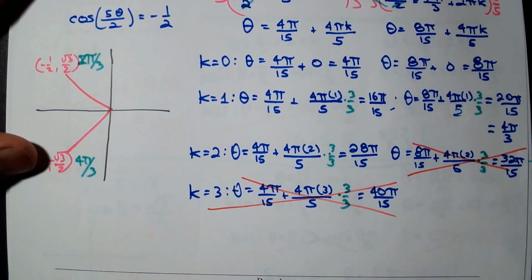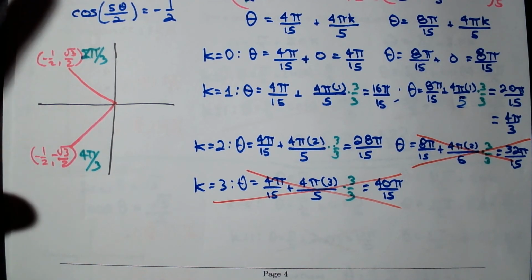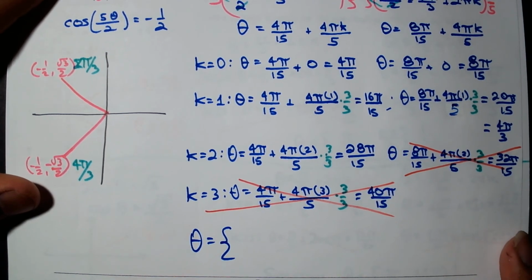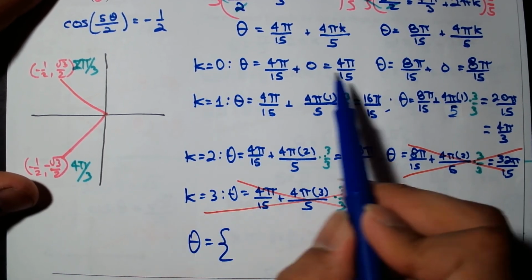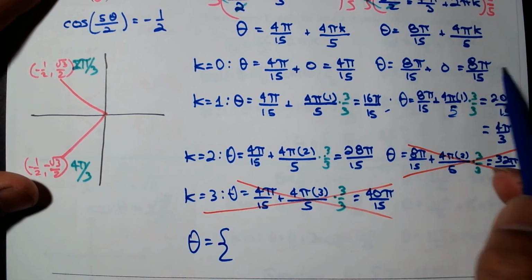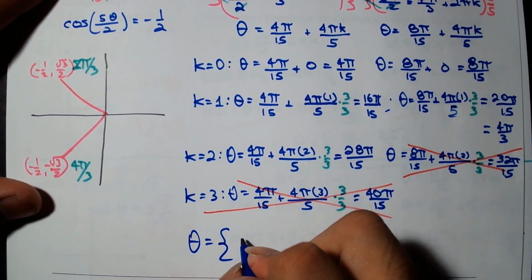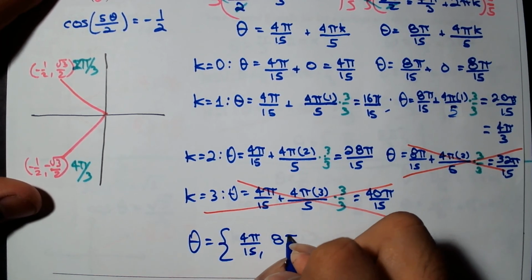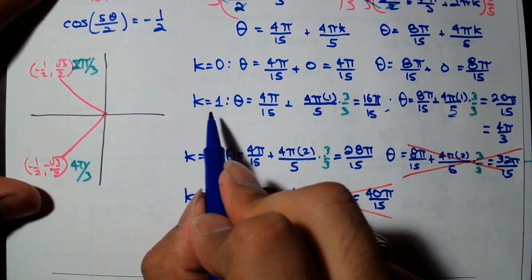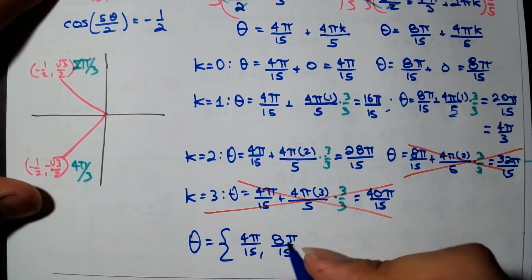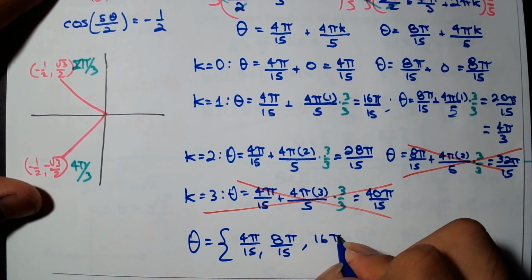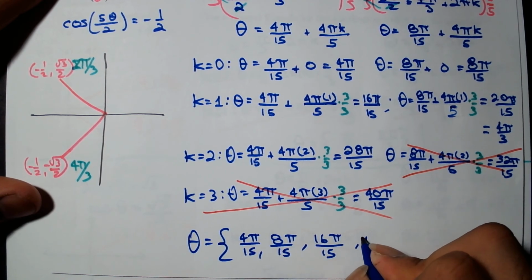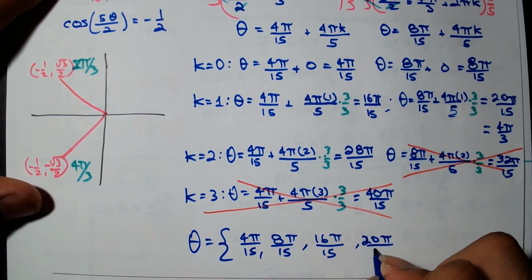What are we going to do here in this case? Well, let's call it a solution set over here. Theta equals, well, let's start with the smallest one. The smallest one was for K equals 0, 4 pi over 15, and then 8 pi over 15. And then for K equals 1, we had 16 and 20 pi over 15.